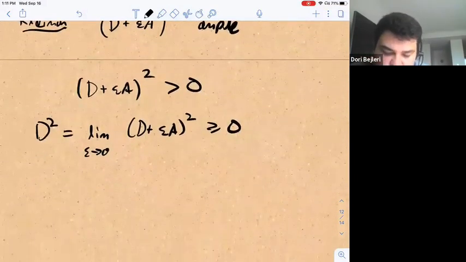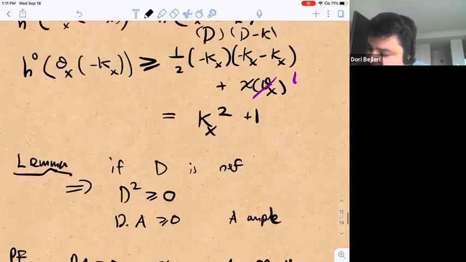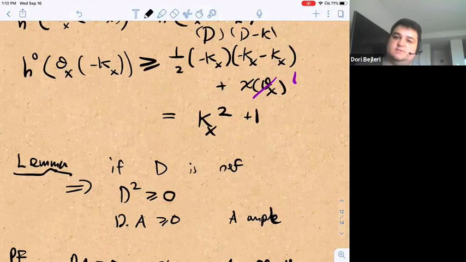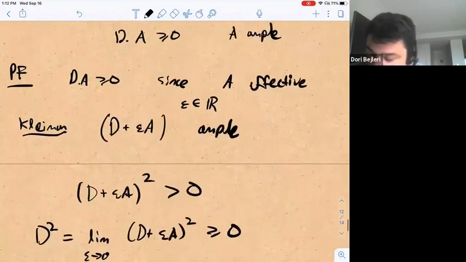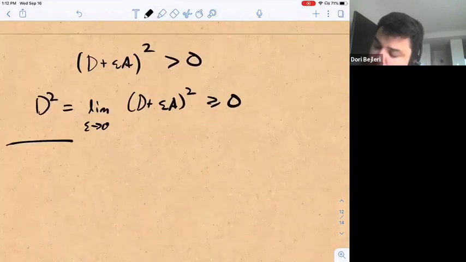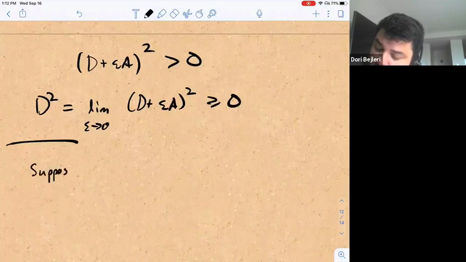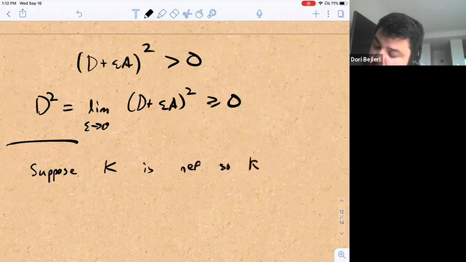So our strategy is just to use this to check that K squared has to be less than 0, and therefore K can't be nef. So suppose that K is nef, so that this is greater than or equal to 0.